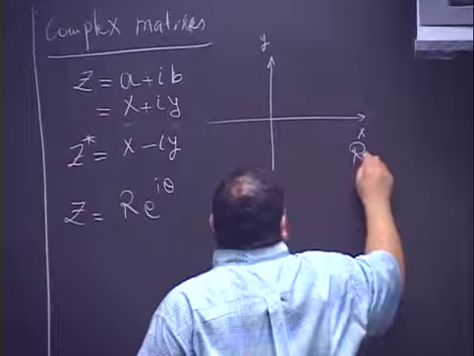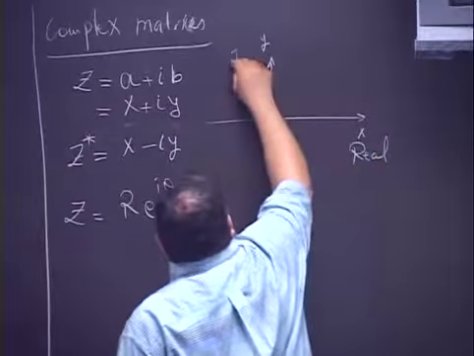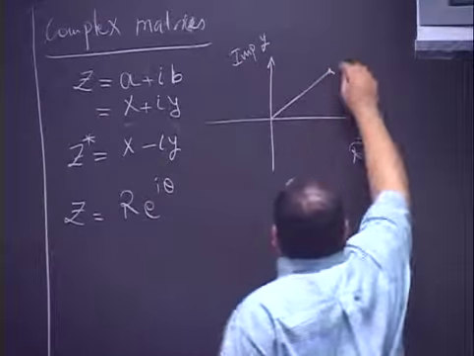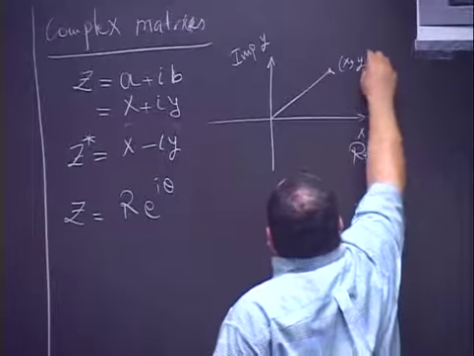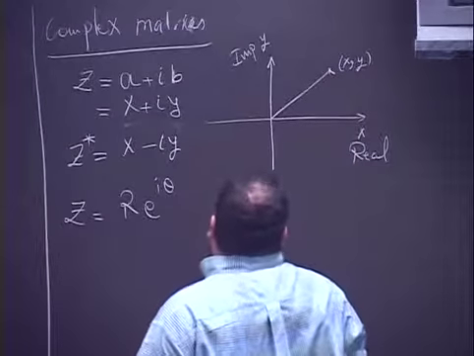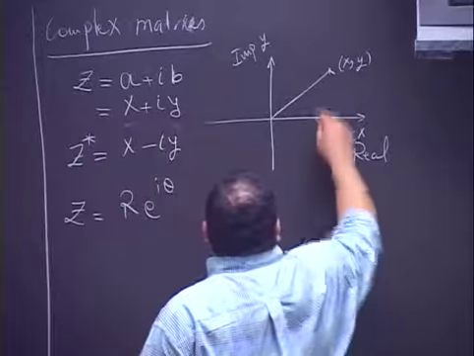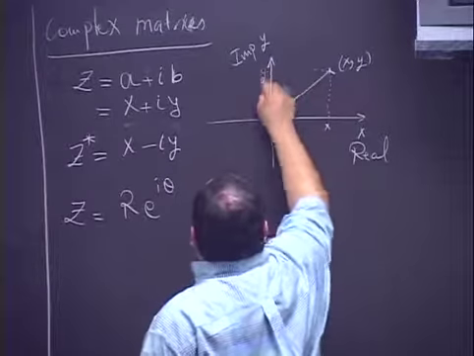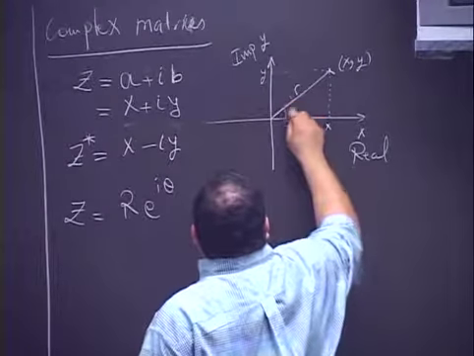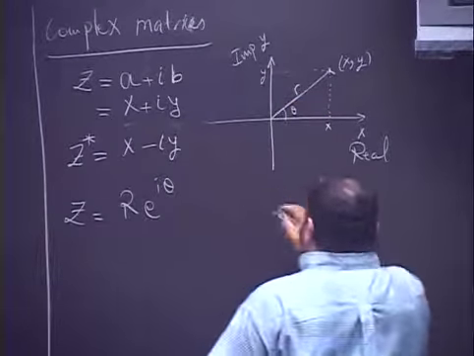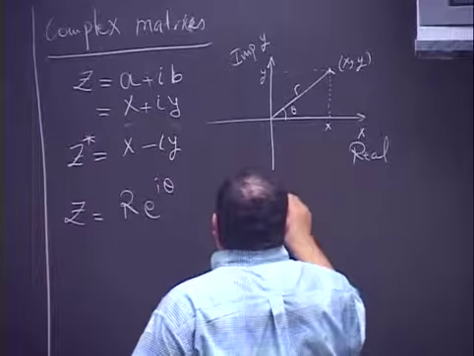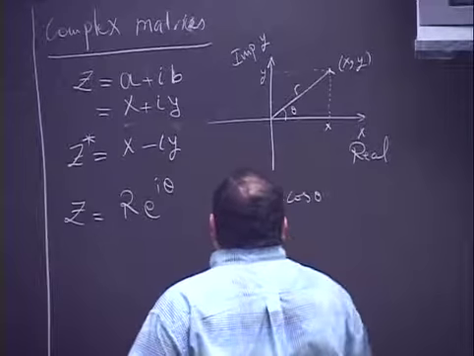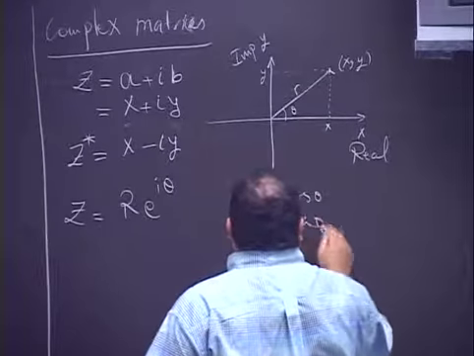We call this real, and we call this imaginary. A number which is x, y in the complex domain, x in the real and y in the imaginary, can be represented as r and theta, where x will be r cosine theta, and y will be r sine theta.